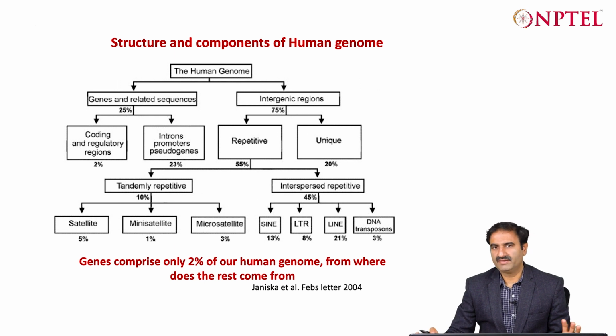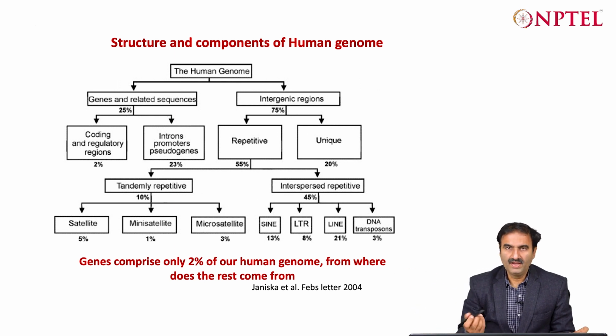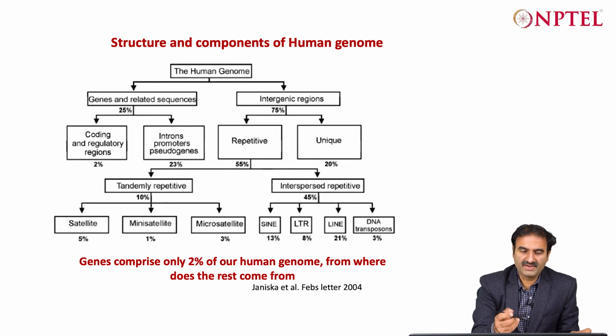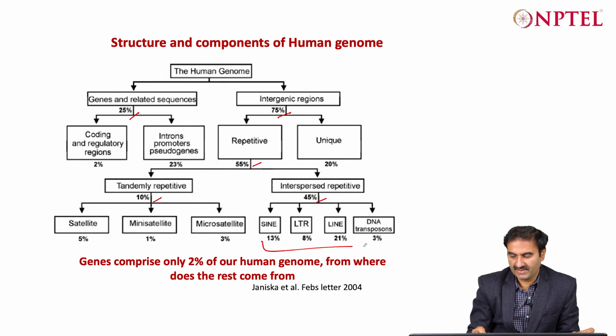In the case of the human genome, for example, you can see that if I say 100%, only 25% is genic and 75% is intergenic, and this 75% also, you can say that 55% is repetitive, of which the simple repeats are 10% and interspersed repeats are 45%. These are in majority, whereas this is 6 to 8%.